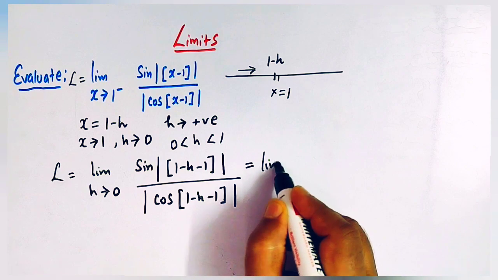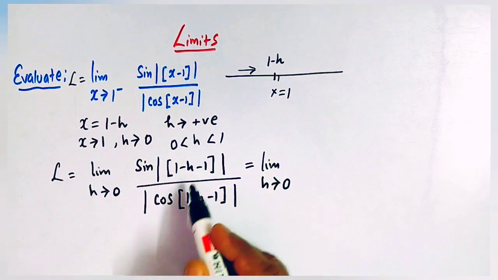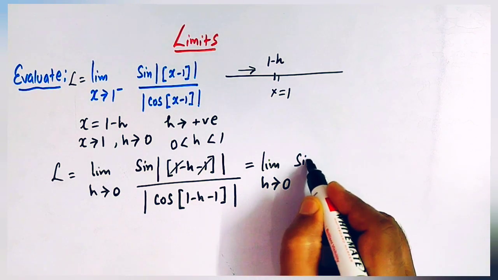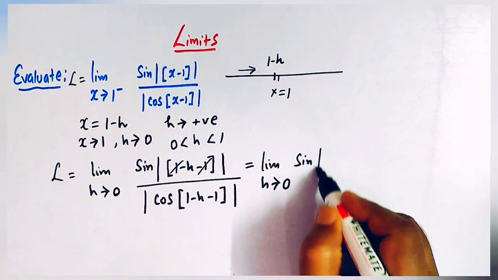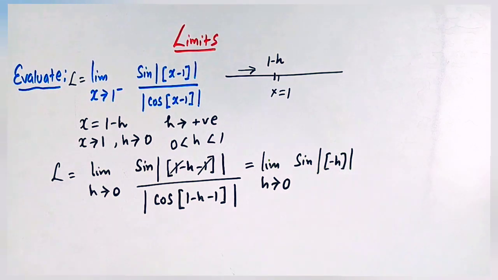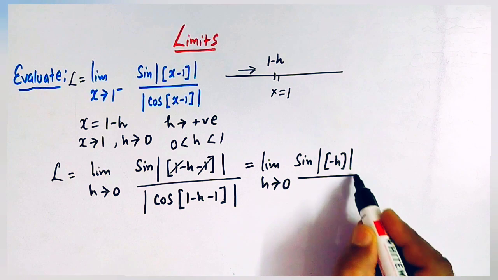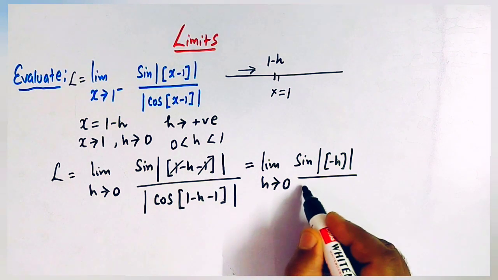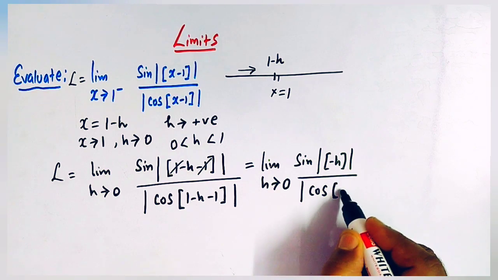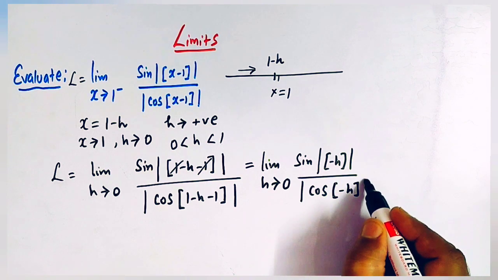So we have limit h tends to 0, and here minus 1 and 1 get cancelled, so we are left with sin of mod of greatest integer of minus h, and in the denominator mod of cos of greatest integer of minus h.